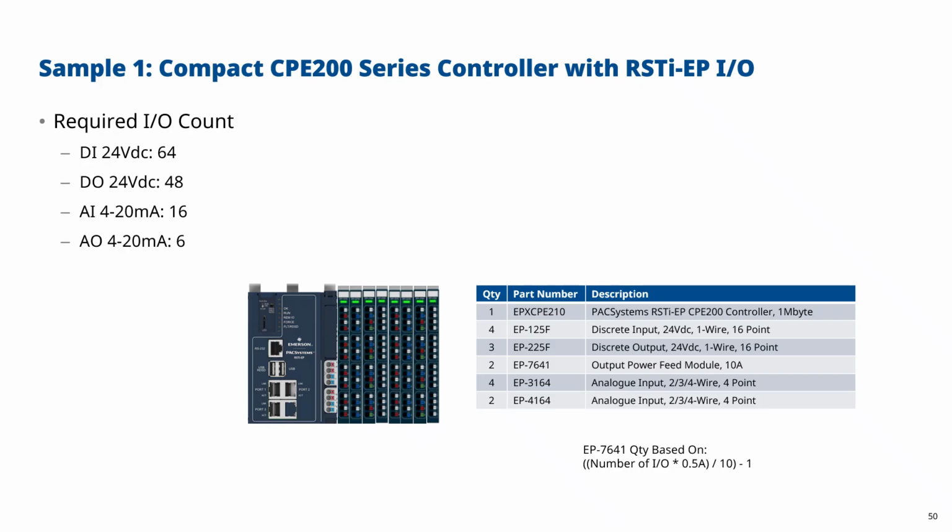On the input side, 64 divided by 16 is 4, so I have 4 EP125F modules. 48 divided by 16 is 3, so I have 3 EP225F modules. Because of the amount of EP225Fs, I've quoted 2 EP7641s.